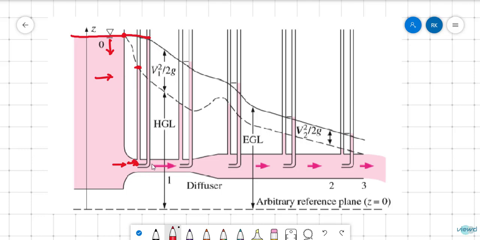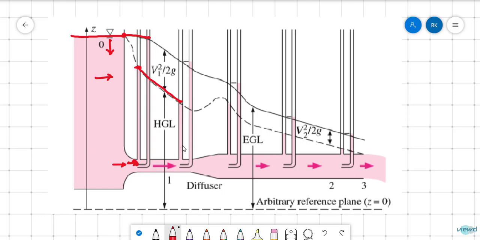And as I go forward, here the pressure head decreases. Instead of having a straight line like this, it is decreasing. That is because due to the friction there is a head loss, so that will be decreasing.